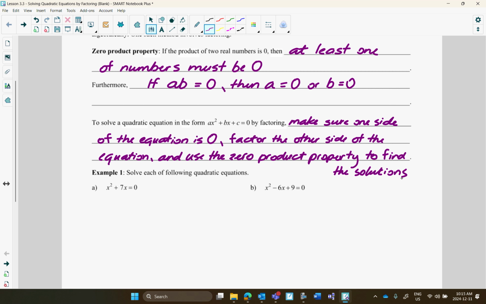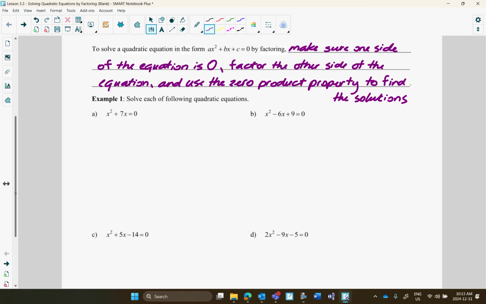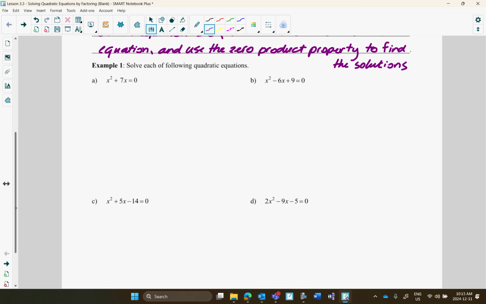So let's just look at some examples where we have to apply our factoring skills and then the zero product property. This one is zero on one side of the equation. Factor the other side. Remember, you know 4 types of factoring. What type of factoring is this?